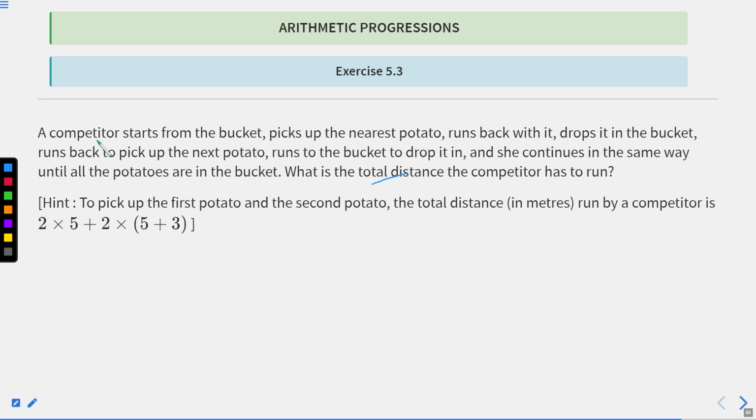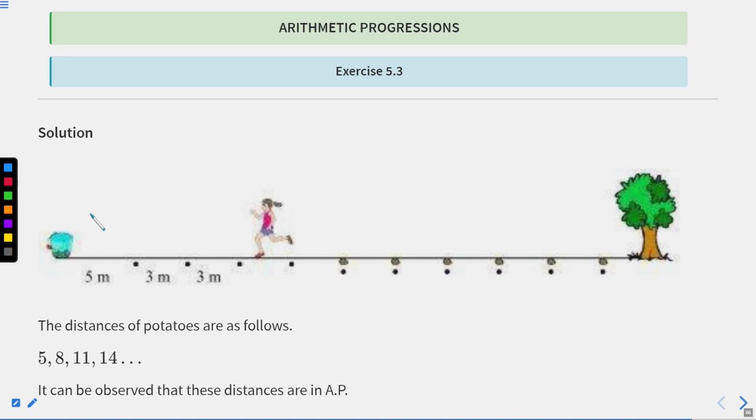Okay. So here we are given this hint: to pick up the first potato and the second potato, the total distance run by a competitor is 2 into 5 plus 2 into 5 plus 3. If we use this hint, then we can solve this problem easily.